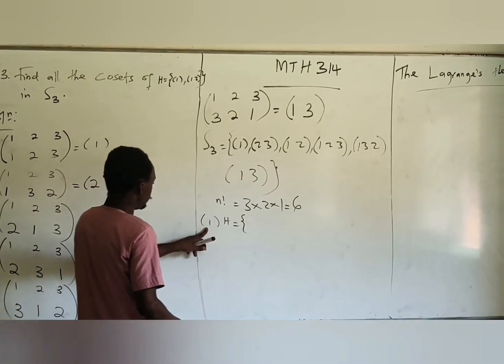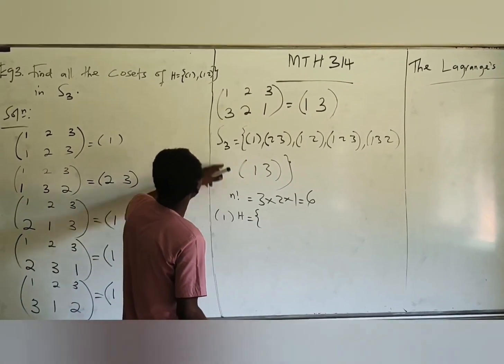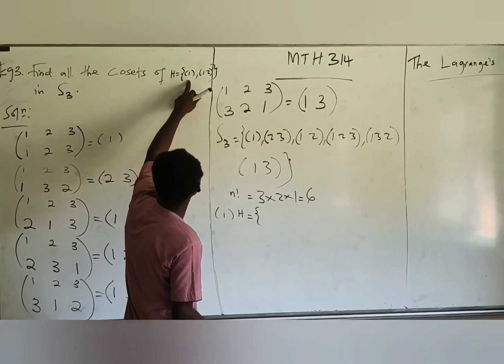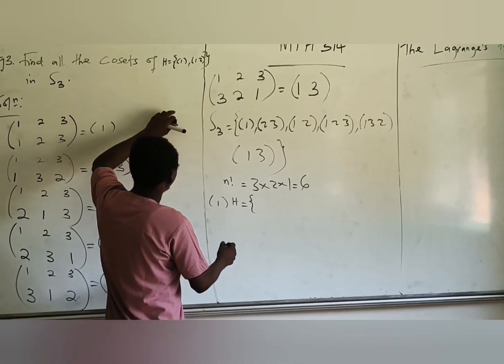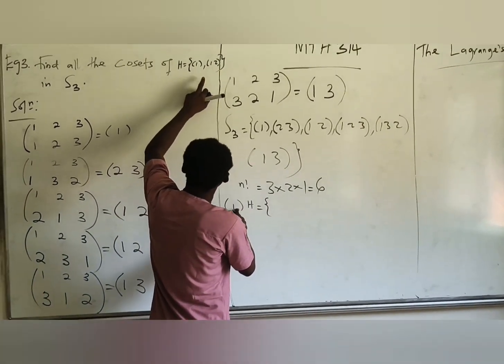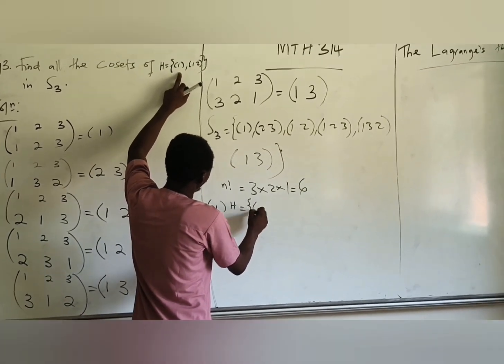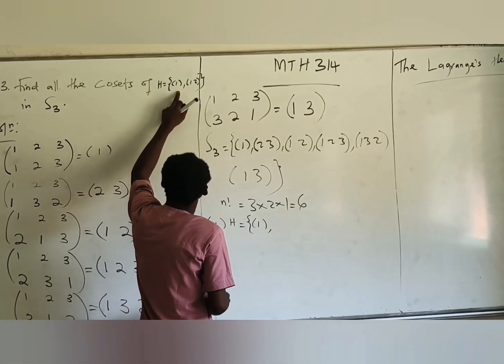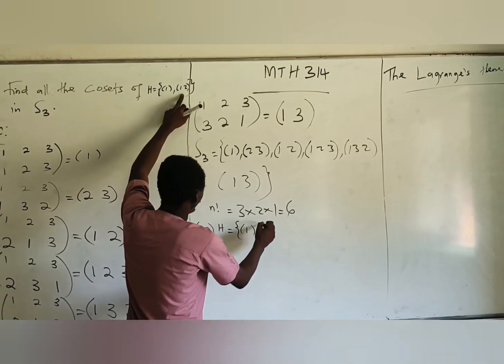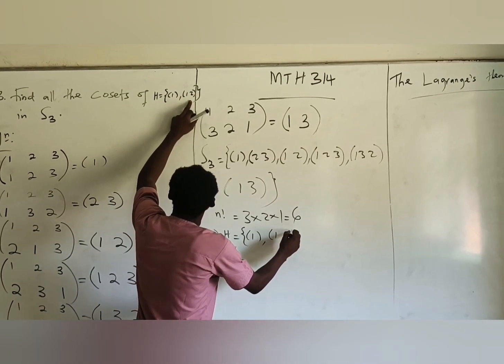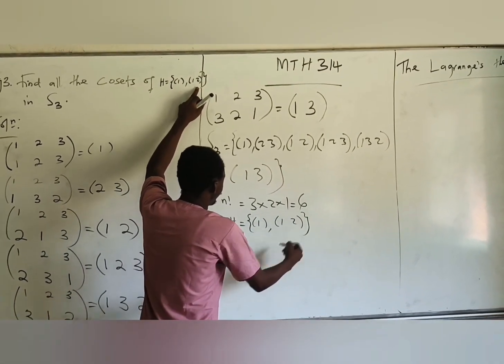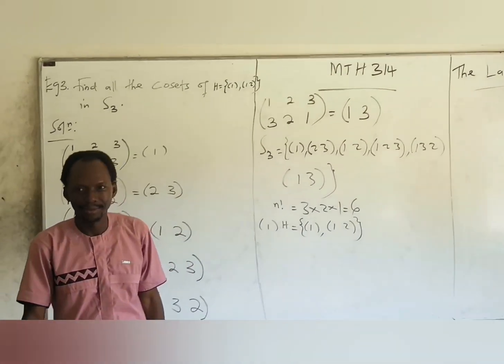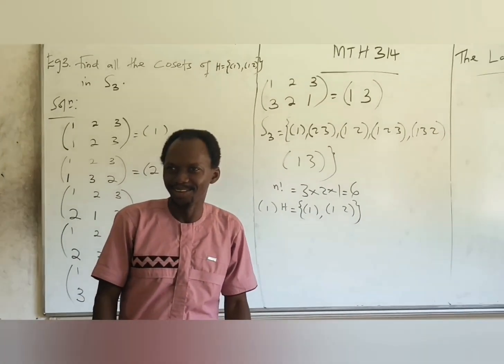So let's list it, 1 by 8. You get the same thing, right? So if you multiply this by this, you get 1 also. If you multiply this by this, you get what? 1, 2.